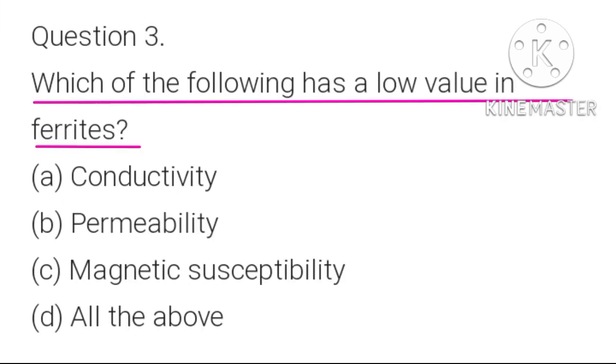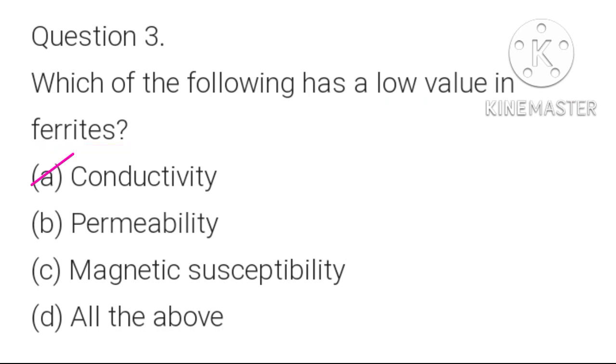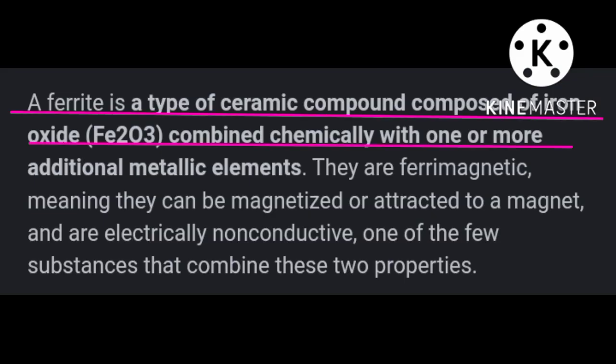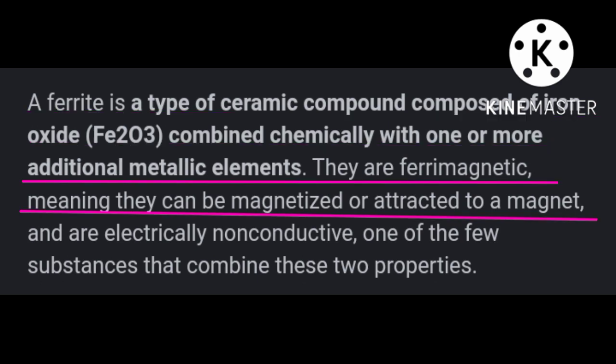Question number 3. Which of the following has a low value in ferrite? A option conductivity, B option permeability, C option magnetic susceptibility, D option all of the above. We know that a ferrite is a type of chemical compound of iron oxide combined chemically with one or more additional metallic elements.